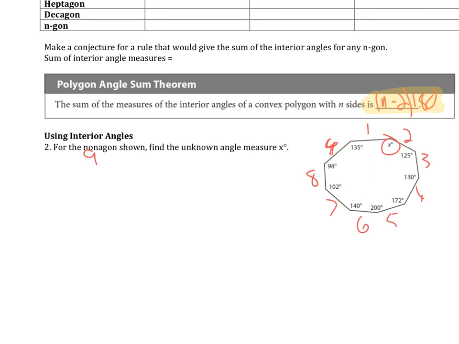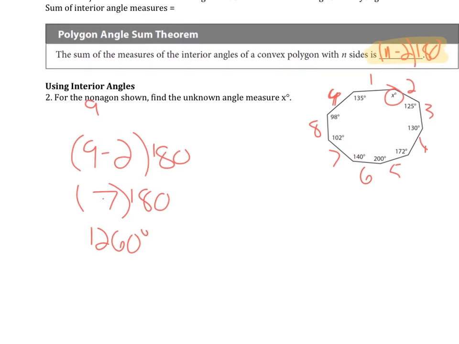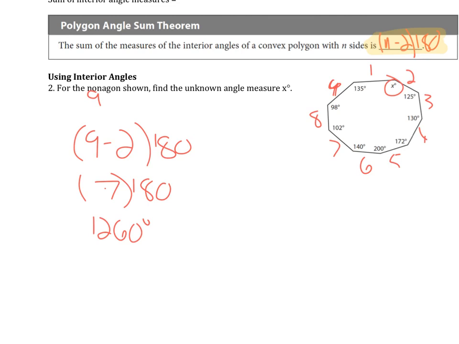So if I go 9 for n, n minus 2 times 180, that gives us 7 times 180, which is 1260. That is now the total angle measure of that whole figure.